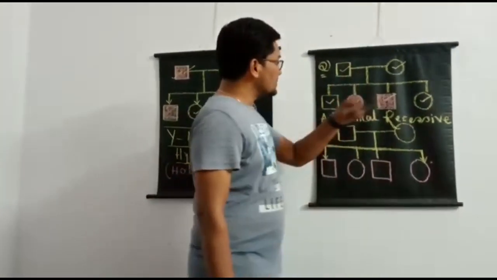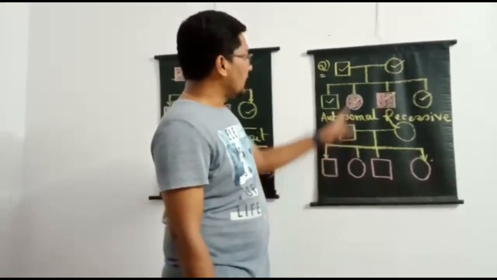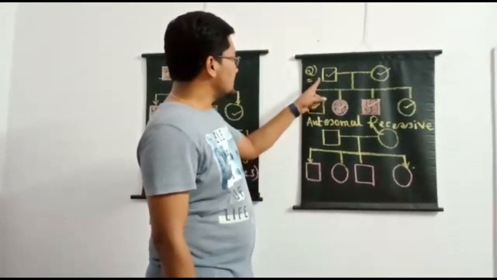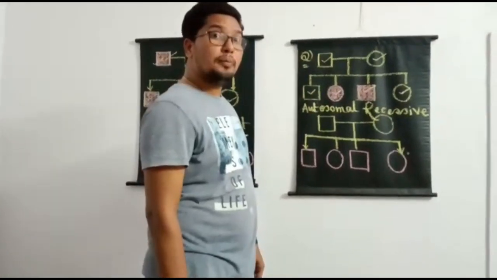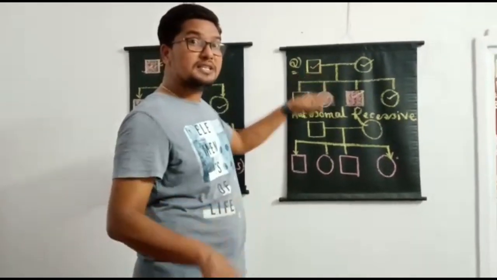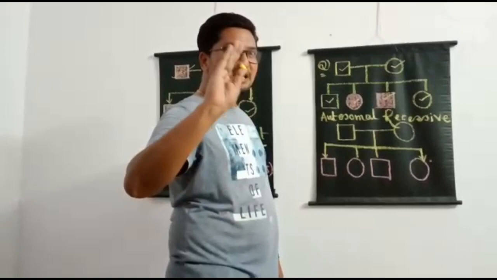By looking at this chart directly I can say both mother and father are heterozygous for the sickle cell anemia trait, meaning it is autosomal. One copy of the chromosome has the dominant allele and the other copy of the chromosome has the allele for sickle cell anemia, but being a recessive trait, it is never expressed in heterozygous condition.